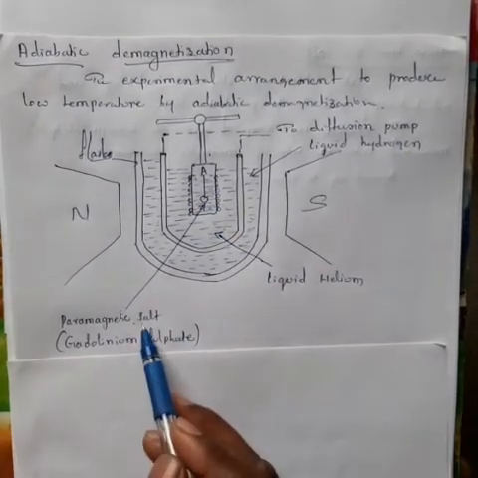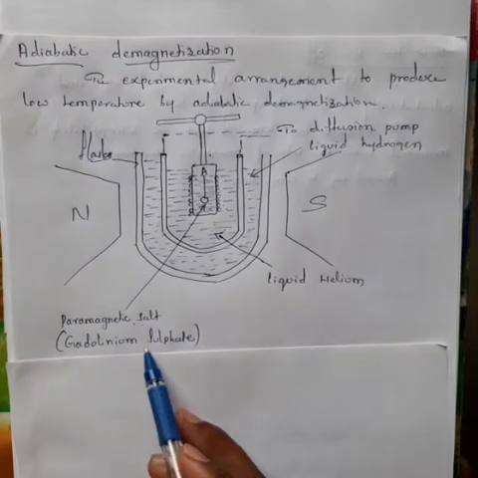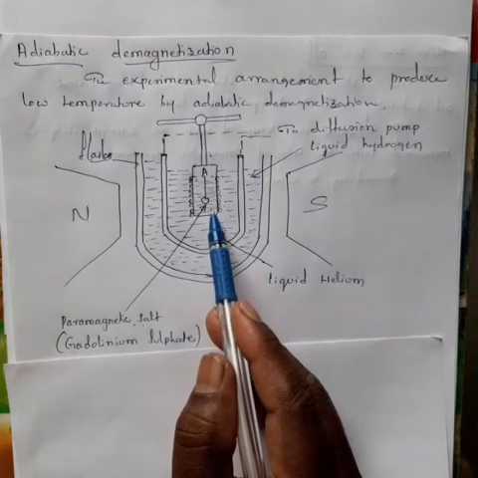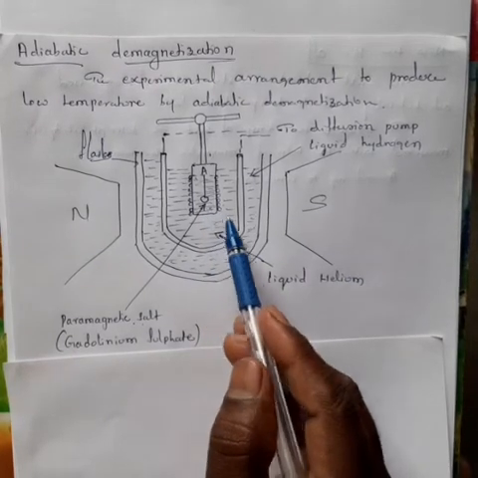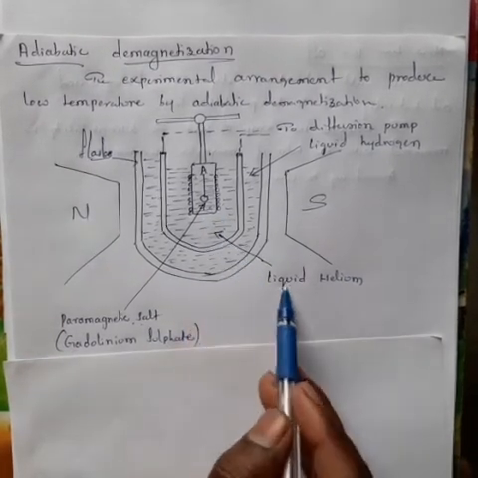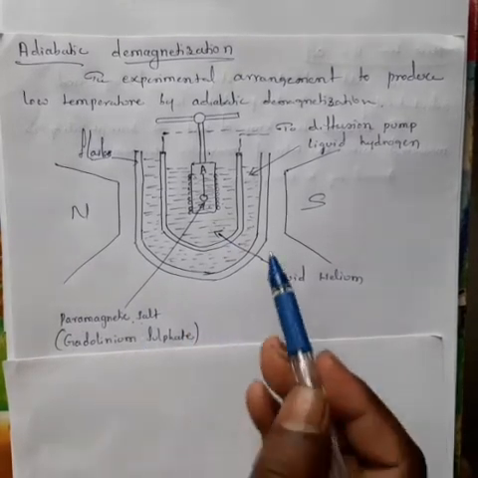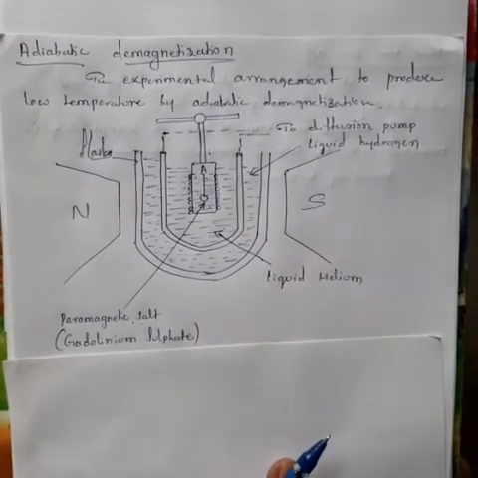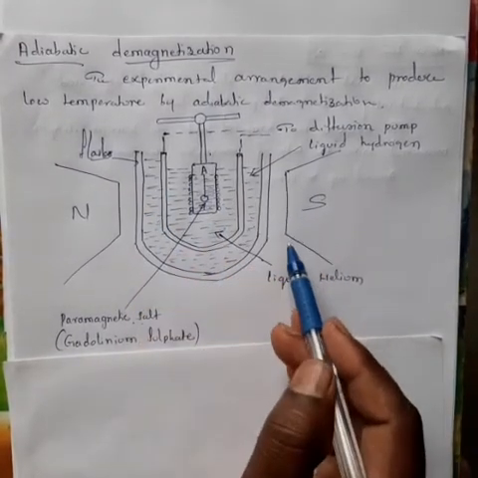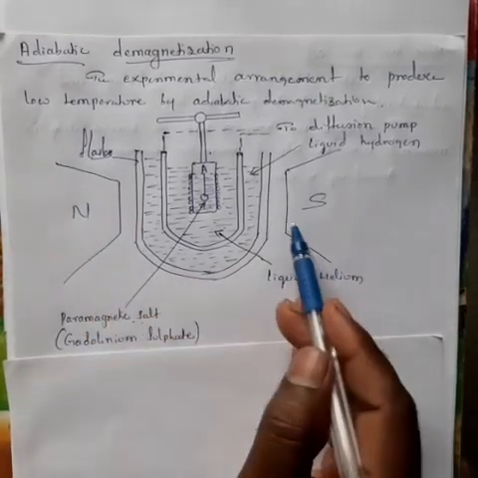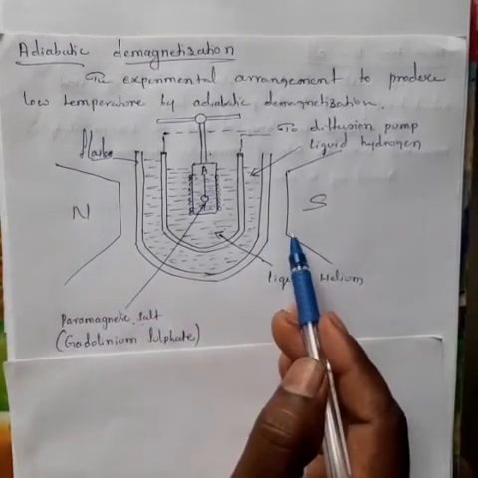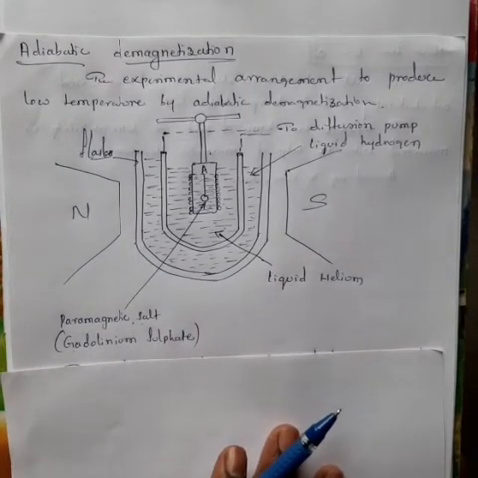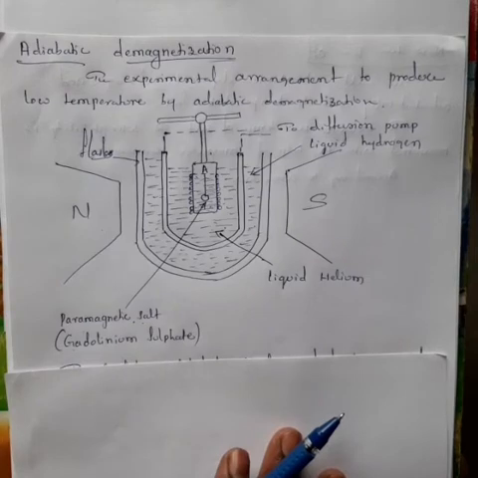The paramagnetic salt, gadolinium sulfate, is taken in a vessel and surrounded by liquid helium in a flask. This liquid helium is surrounded by liquid hydrogen, and the whole instrument is placed between the north and south pole of a powerful electromagnet. This represents the experimental arrangement of adiabatic demagnetization.